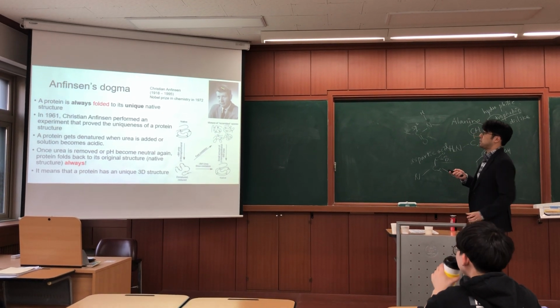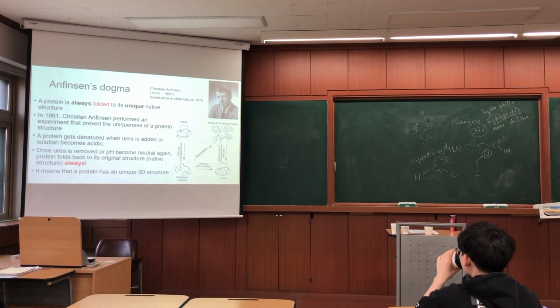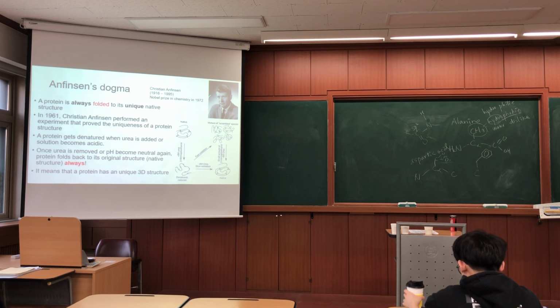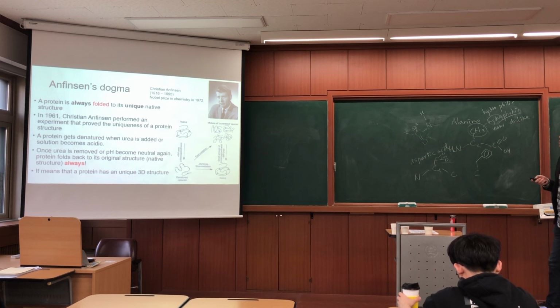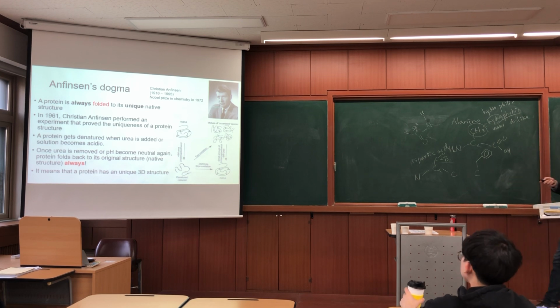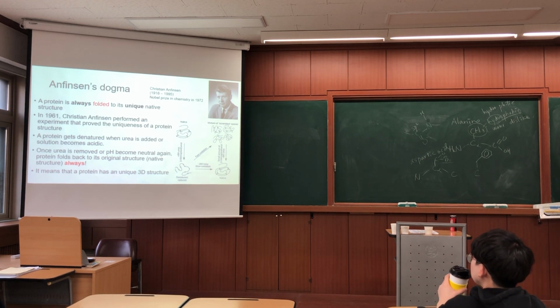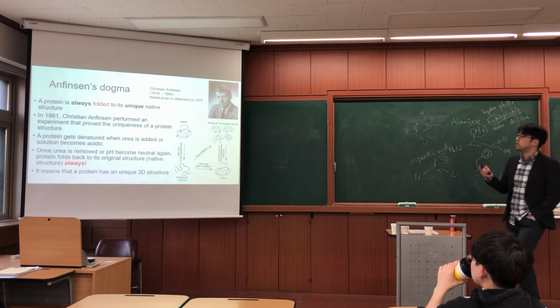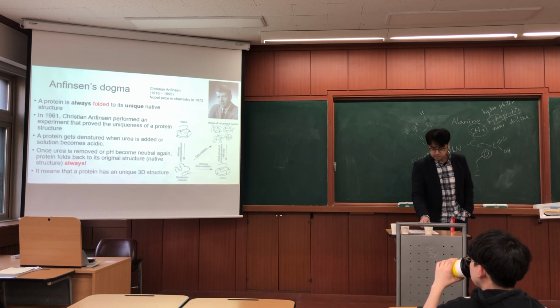Anfinsen is a very famous biochemist. This is a picture of Christian Anfinsen. He died in 1995, and he got the Nobel Prize in chemistry in 1972 because he discovered this Anfinsen's dogma.